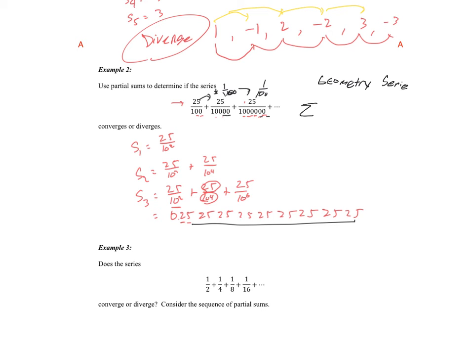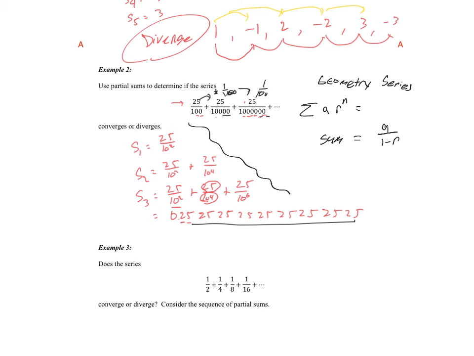So our geometric series, the form is where you have your starting value a, and then you have some sort of multiplier r, and r is raised to a power depending on what term you're at. So if you have this structure, then in order to find the sum of your geometric series, it's going to have the formula of a over 1 minus r.